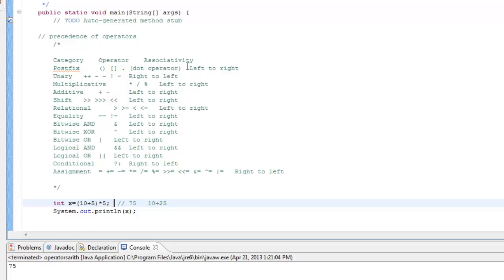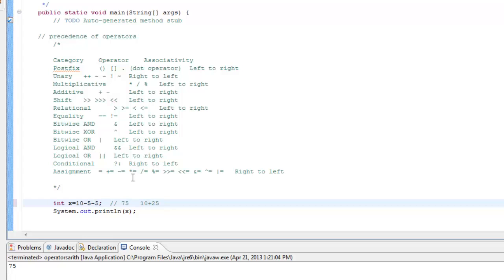Now we get another thing which is associativity. Associativity comes into the picture when there are two operators which are on the same level on the precedence table. Suppose I have addition and subtraction. They are on the same level on the precedence table, as in the example we saw earlier, 10 minus 5 minus 5.